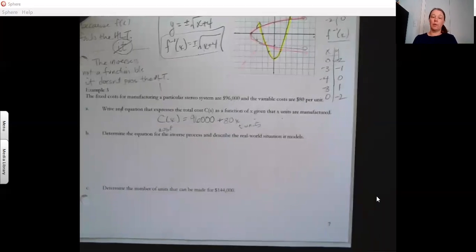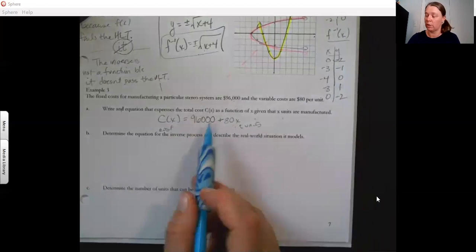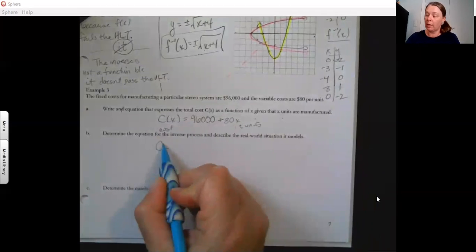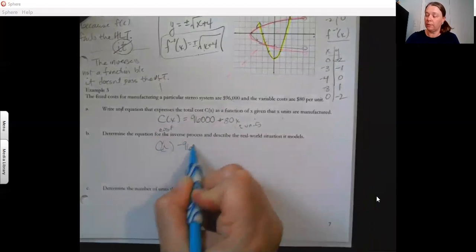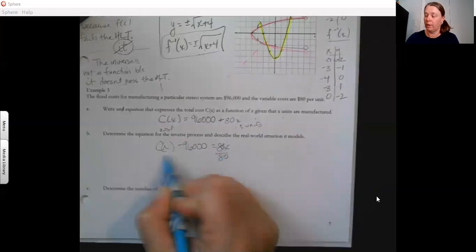So now it says determine the inverse process and the equation for the inverse process and describe the real world situation it models. Okay, I'm not going to switch my x and my y, but what I'm going to do is solve for the other variable, right? That's kind of what you're doing anyway when you find inverses. So I would subtract the 96,000 and divide by the 80.